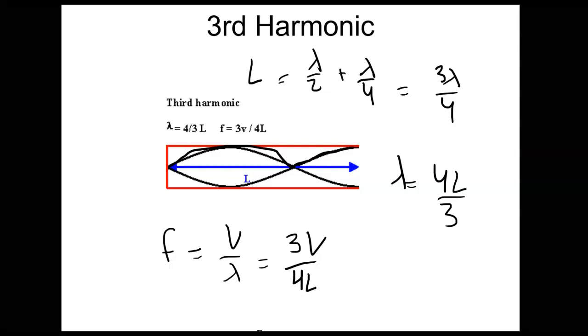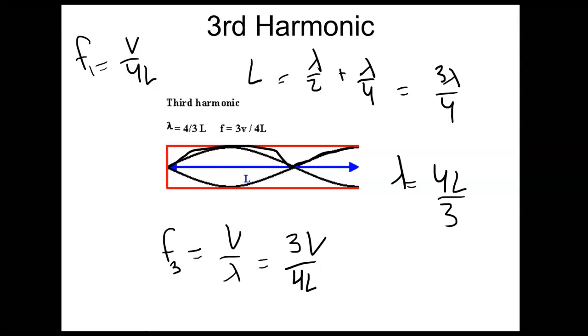Then you notice something funny. Remember that f1 was equal to v over 4L. If you compare this equation to this equation, notice that this one is 3 times this one. That means this is actually the third harmonic, not the first, or the second, it's actually the third.